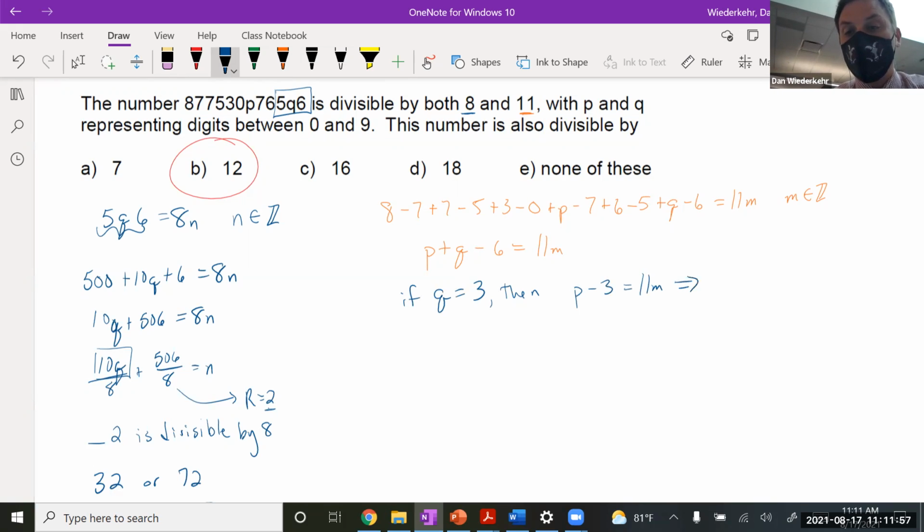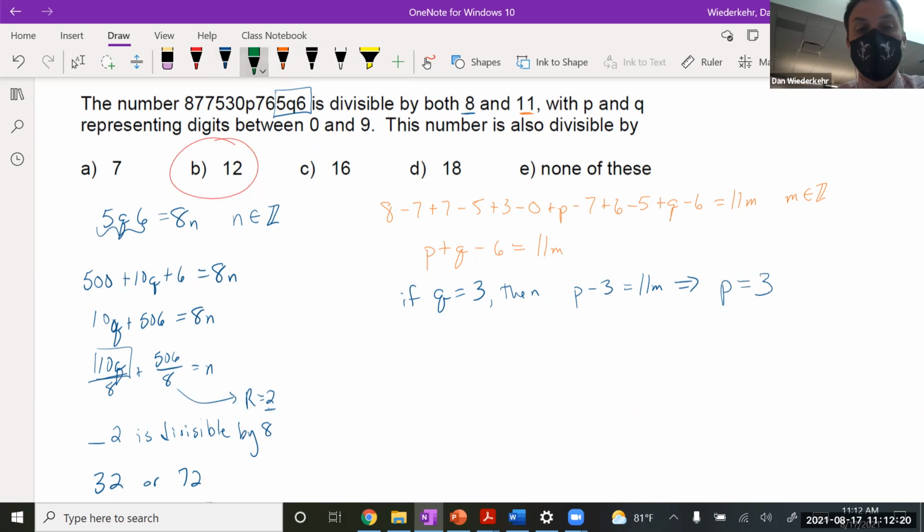And the only way that's true is if P minus 3 is either negative 11, 11, or 0. And it really can't be negative 11 or positive 11, since P has to be a single digit number. So this means that P would have to be 3.